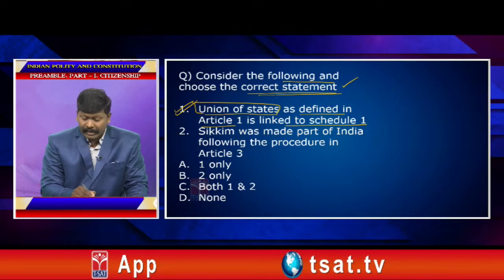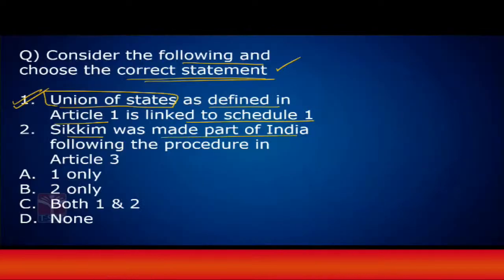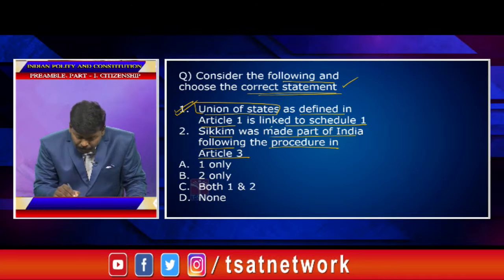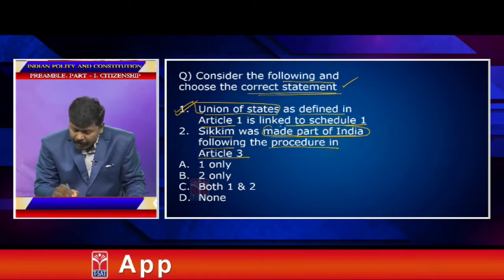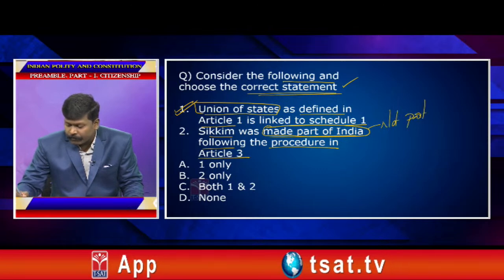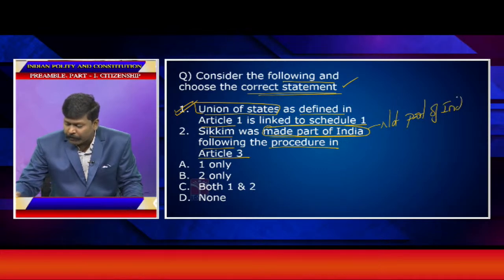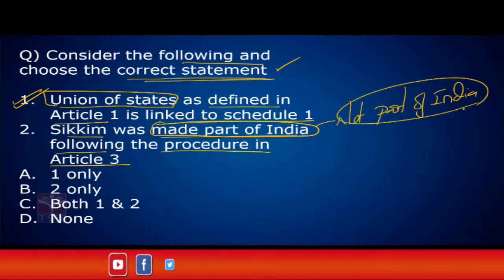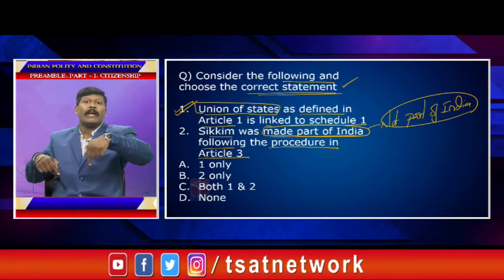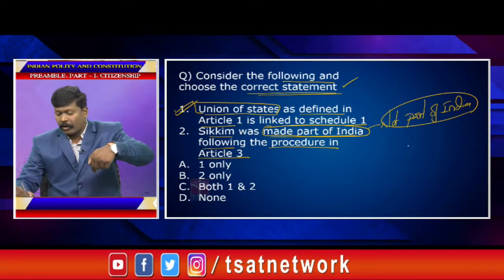Okay. Sikkim was made part of India following the procedure in Article 3. In the question itself the answer is there. Was made part of India, meaning it was not part of India before. If any state was not part of India before, that state can be made part of India according to Article 2.